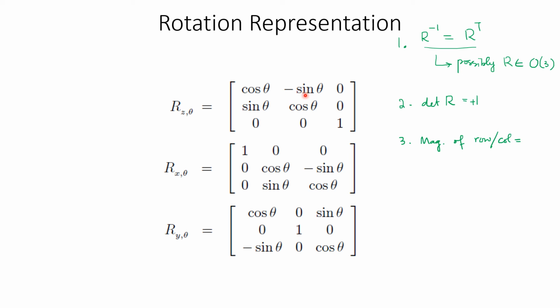Similarly over here, minus sine square of theta is going to cancel the minus sign over there, plus cos square of theta plus 0. So magnitude turns out to be for this column equal to 1. So 0, 0 and 1 squared under root turns out to be 1. So obviously, all the columns are having magnitude equal to 1. Similarly, you can check the rows as well. Similarly, you can check the other matrices as well. So for the rotation matrix, in this particular sense, we have checked that the magnitude turns out to be equal to 1.